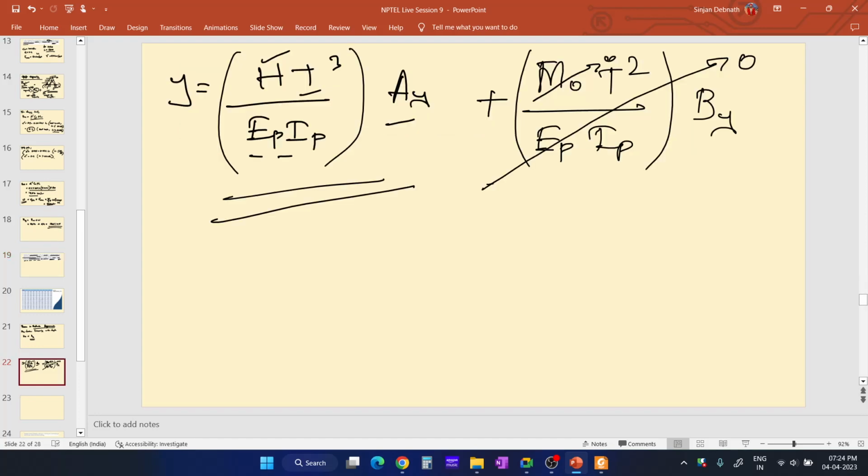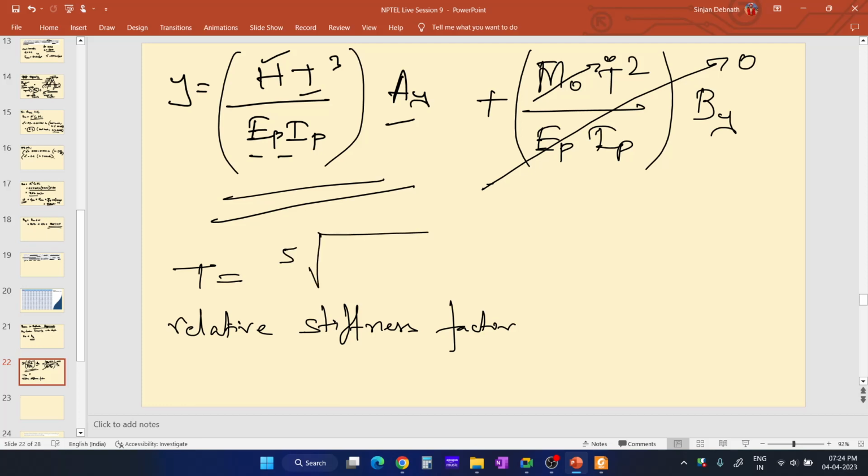So this is the equation. We need to first find the value of T. T is the relative stiffness factor, given by the fifth root of EpIp divided by eta H, the coefficient of subgrade reaction.